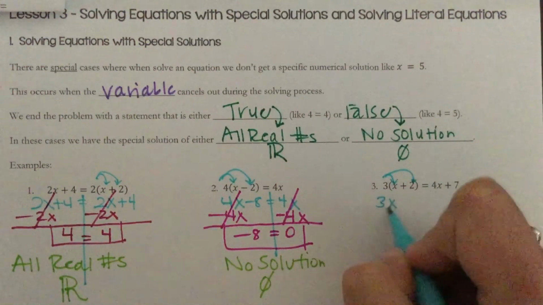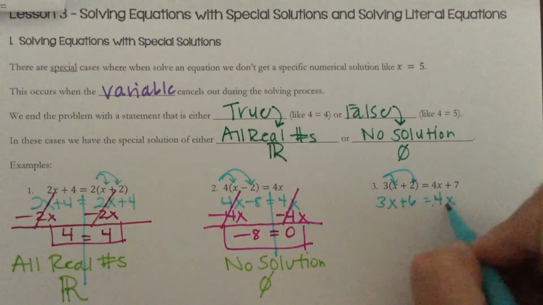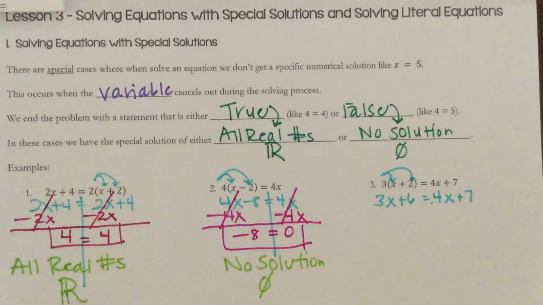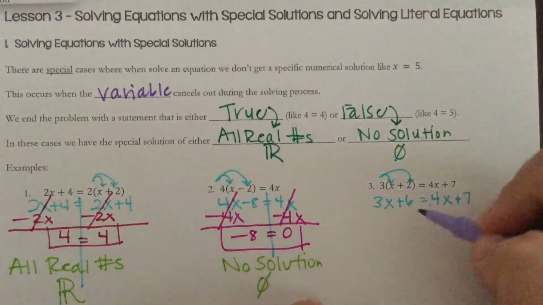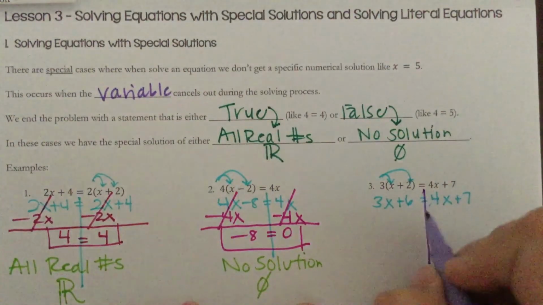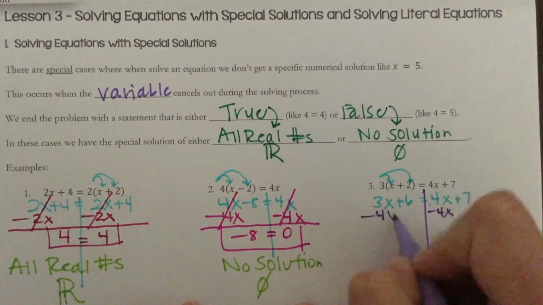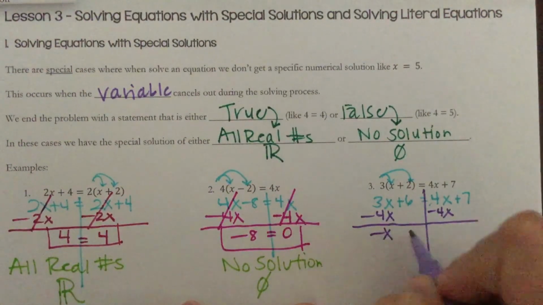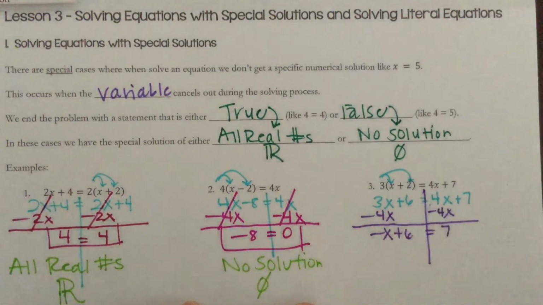I'm going to distribute. I am going to move the 4x over to the left. So -x plus 6 is equal to 7. Notice in this problem, my variables did not cancel out.